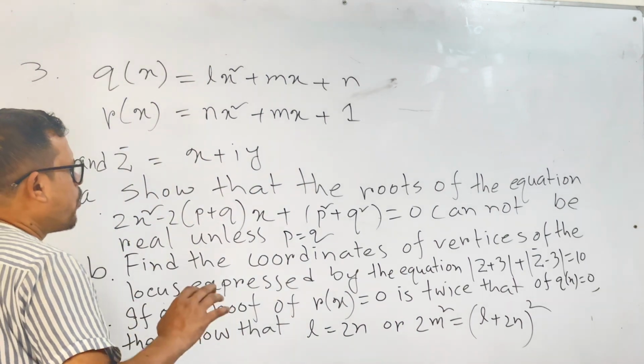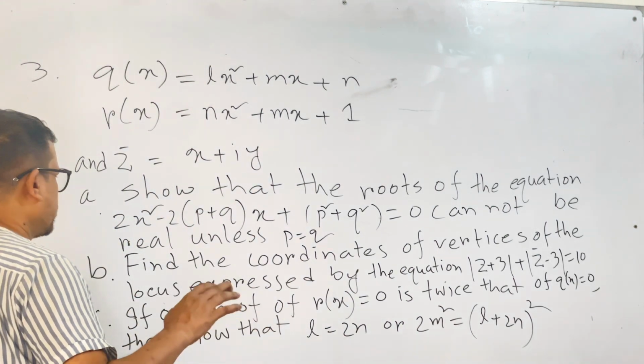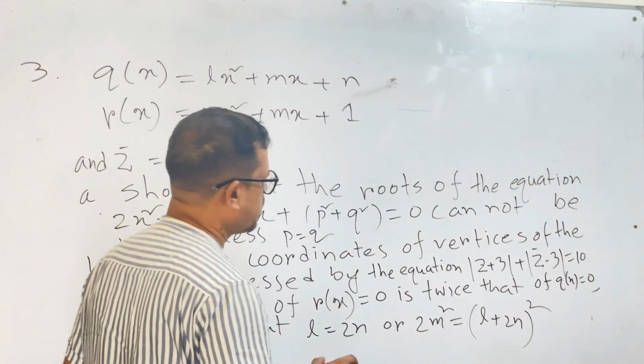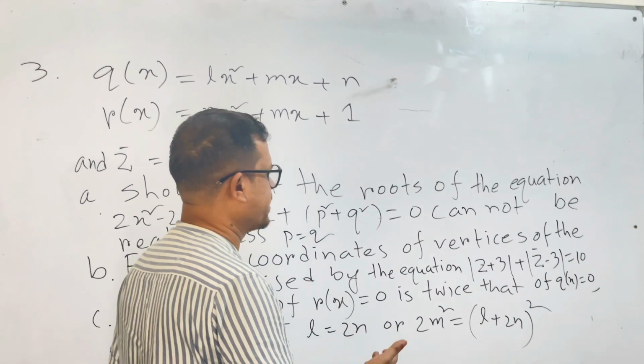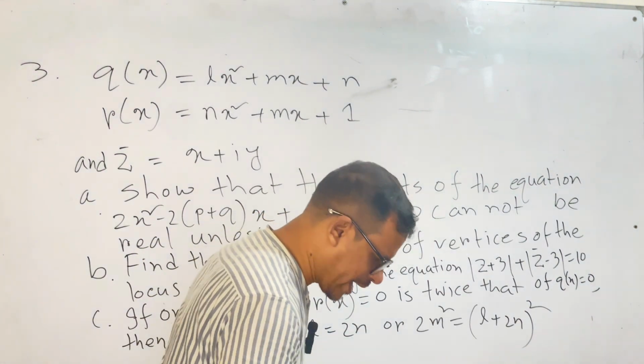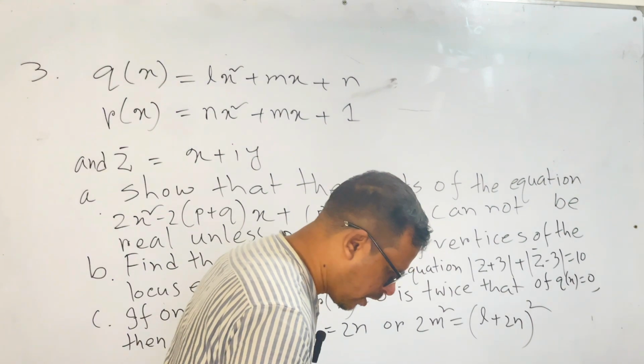Find the coordinates of vertices of the locus expressed by the equation absolute value of z plus 3 plus absolute value of z bar minus 3 equal to 10.